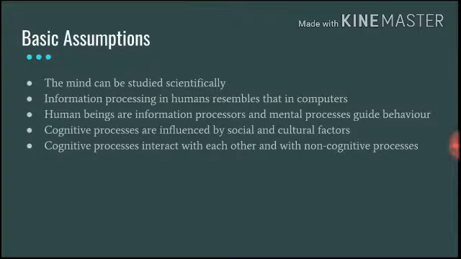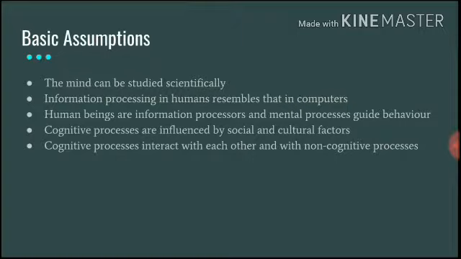But nonetheless, what we're trying to say here is that the social and cultural factors that we experience play a very important role in helping us process information, and they guide the way, or they have an effect on how we process information, because we have certain rules and guidelines that we tend to follow as humans living in the society and within our own cultures.